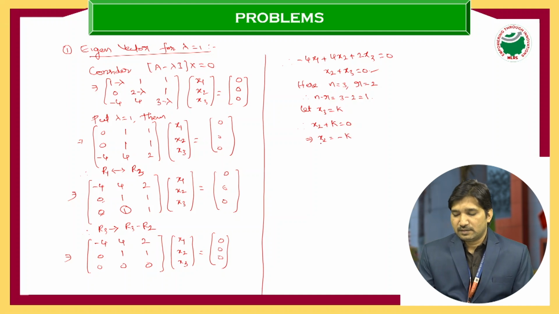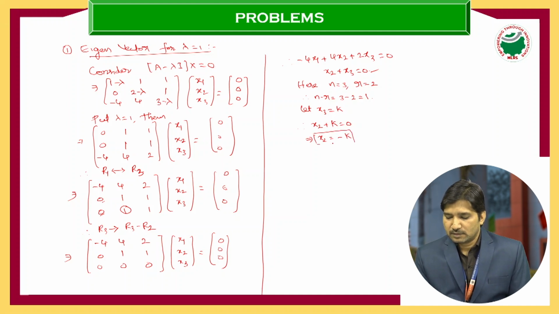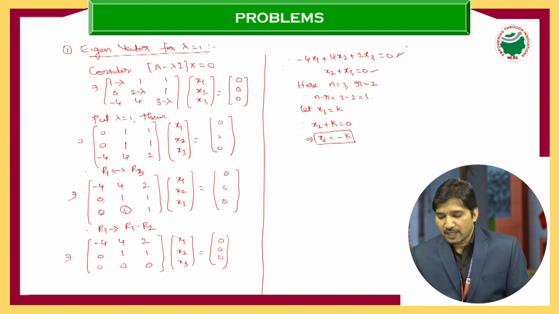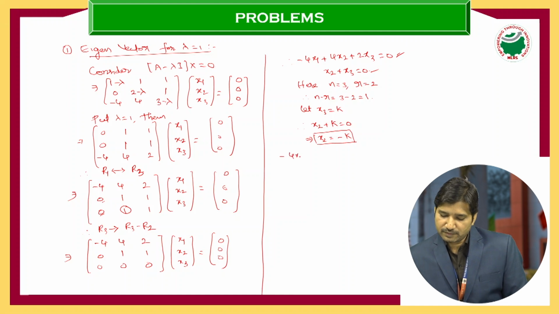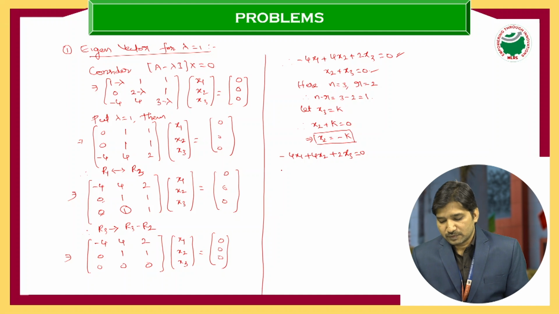Now these x2 and x3 values are substituted in the first equation: minus 4x1 plus 4x2 plus 2x3. Cancelling by 2, we get minus 2x1 plus 2x2 plus x3 equal to 0.